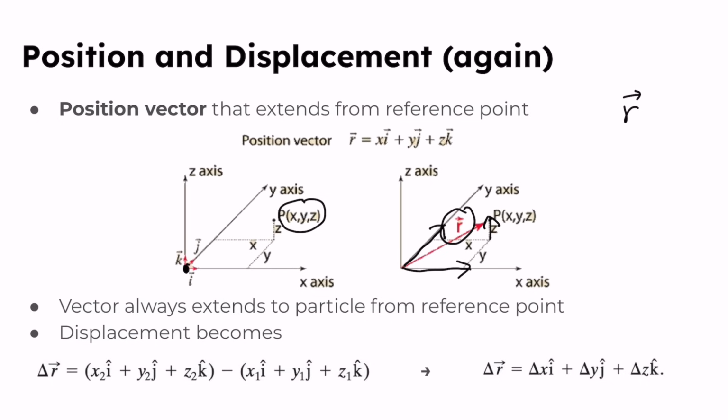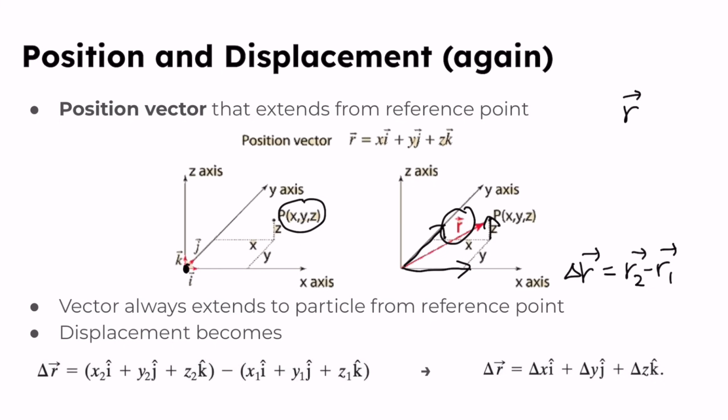We should always remember that the position vector changes in a way such that the vector will always extend to the particle from the reference point or the origin. So for example, if the position vector changes from r1 to r2, then it would go through a displacement delta r, which would equal r2 minus r1.